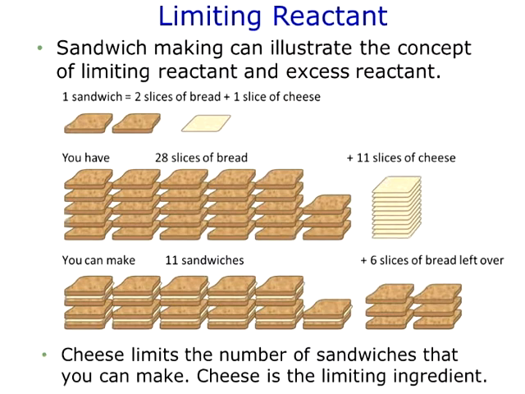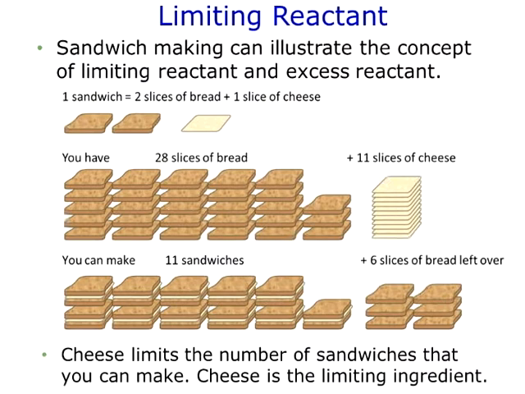So to understand the concept of what a limiting reactant is, let's make a sandwich. One sandwich requires 2 slices of bread for every 1 slice of cheese. That's a sandwich: 1 sandwich, 2 slices of bread, 1 slice of cheese. That is the stoichiometry of this process, of this sandwich reaction.